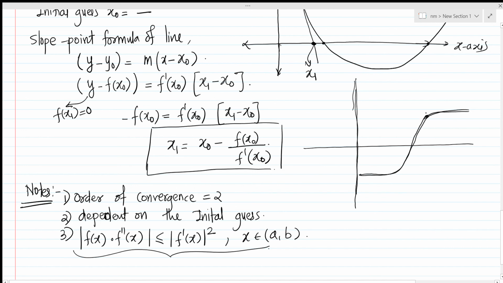Consider this point. The slope at this point is very large, so it will diverge. It will not follow. So the first iterate is here, x1.